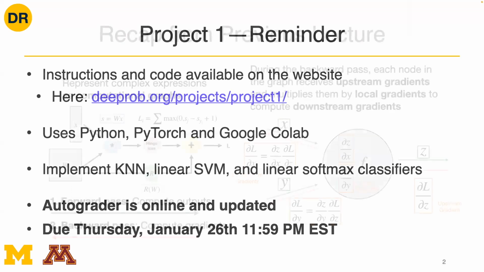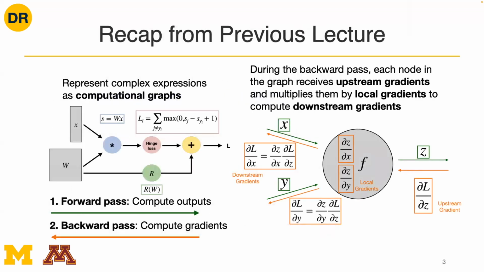But with that, let's get into convolutional neural networks. In last lecture from Tuesday of this week, we started talking about backpropagation. We saw how, for the application of gradient descent when training our classifiers and neural networks, backpropagation is an algorithm that lets us efficiently compute the required gradients for our weight updates.